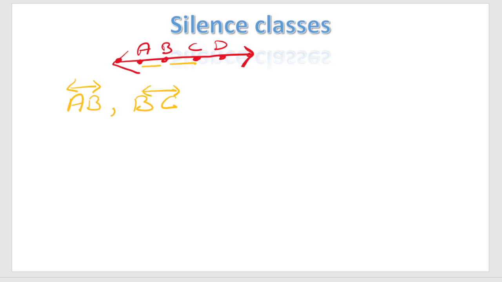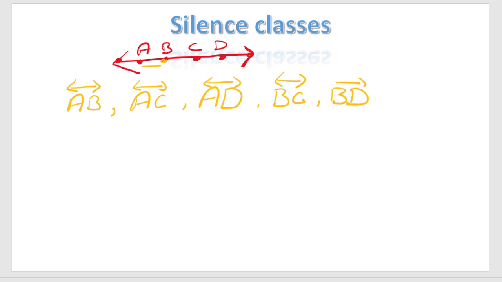First of all, we can talk about AC, and AD. Now we can move further to B: BC, BD, and now we can take C and D, CD. We can say these are 1, 2, 3, 4, 5, 6.